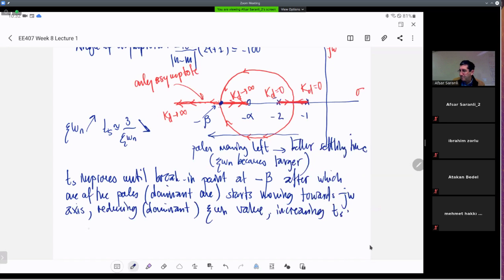So S1,2 at minus beta gives us the best settling time.